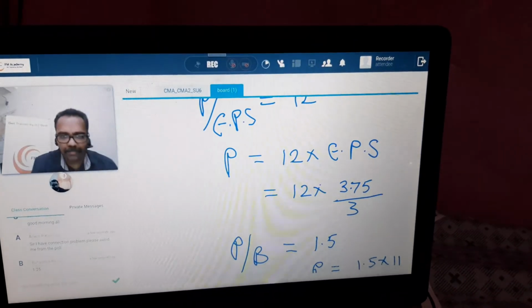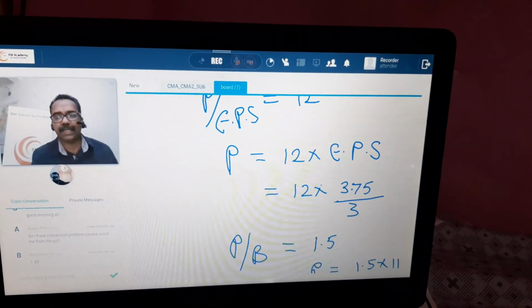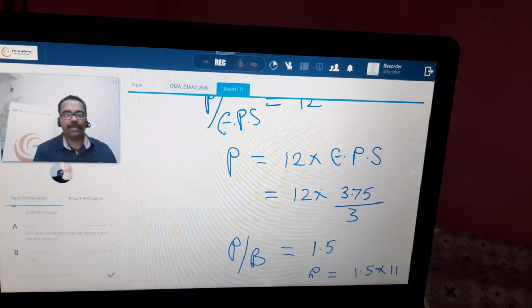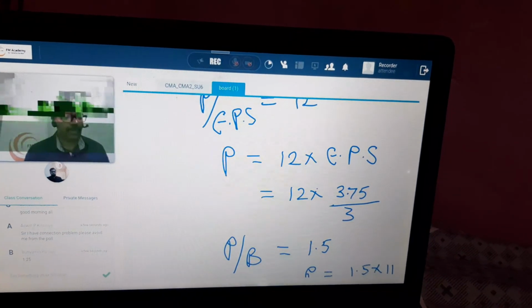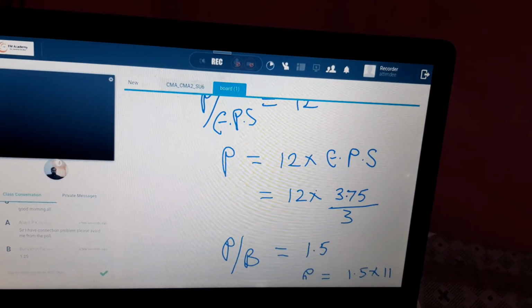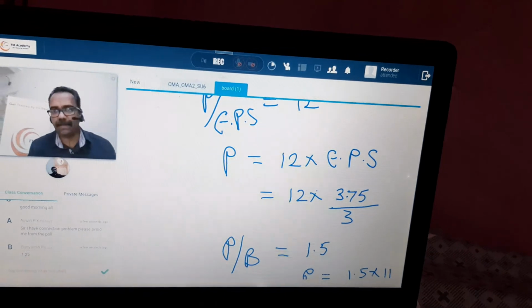Now another term you will come across is market capitalization. I remember this word because when I was studying, my senior had qualified the CA exam.